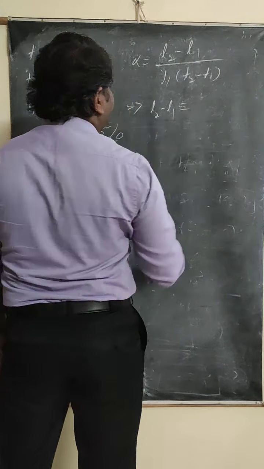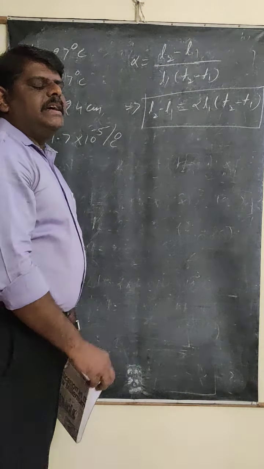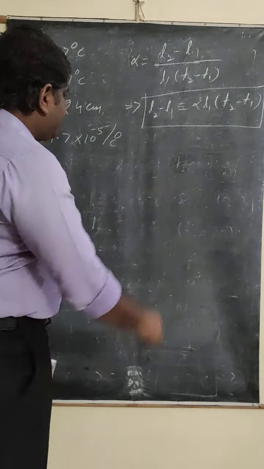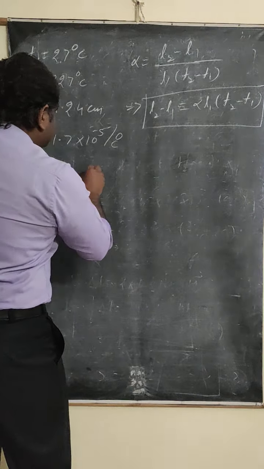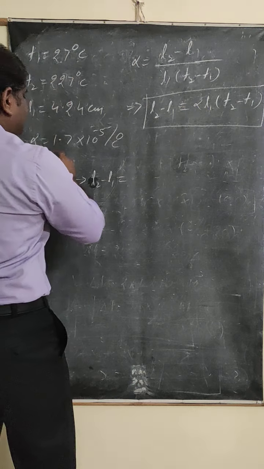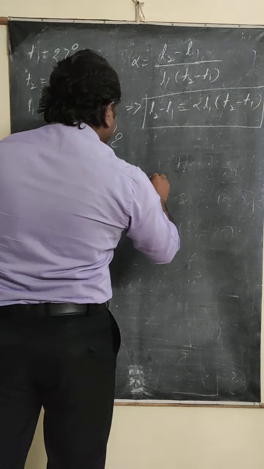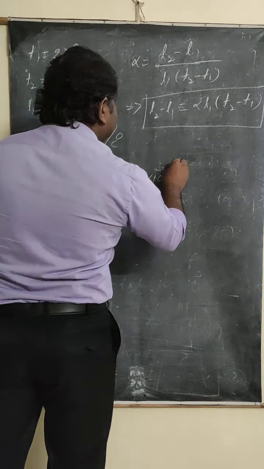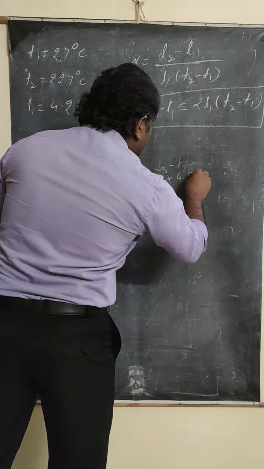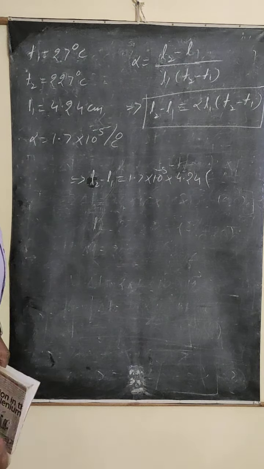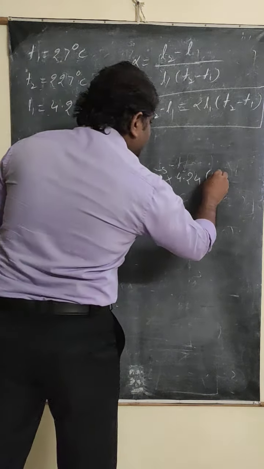This is the formula we require here. This L2 minus L1 represents the change in diameter. So the change in diameter, L2 minus L1, is equal to, substituting the values, alpha value 1.7 into 10 to the power of minus 5 into the initial length 4.24 into T2 minus T1.